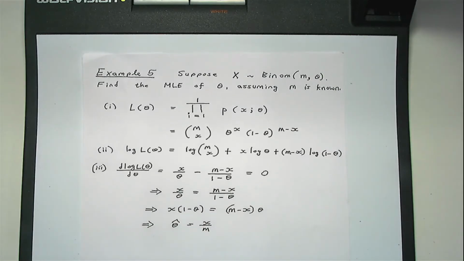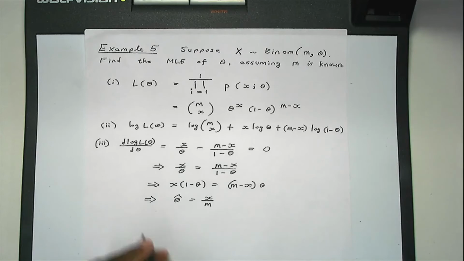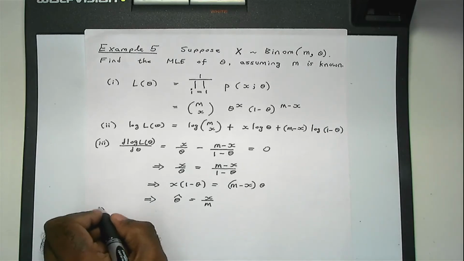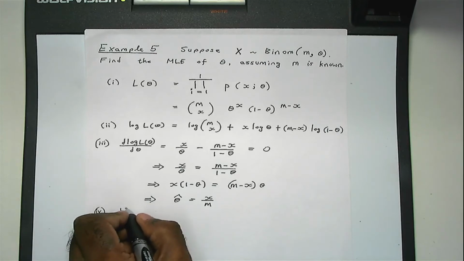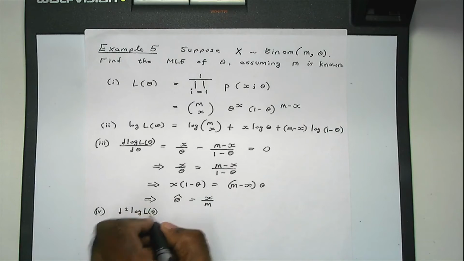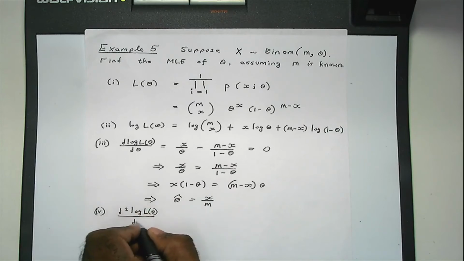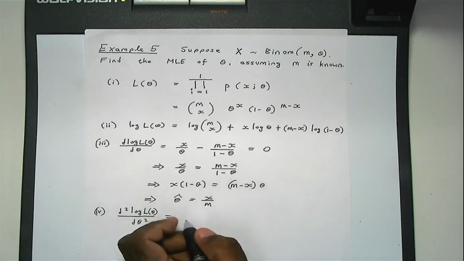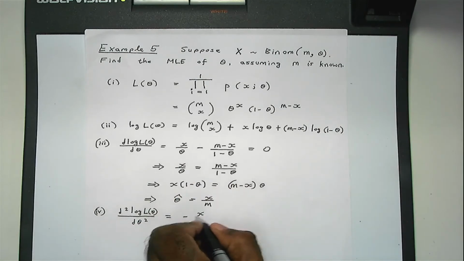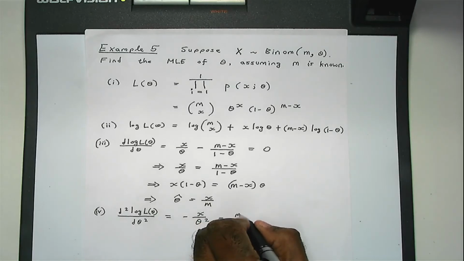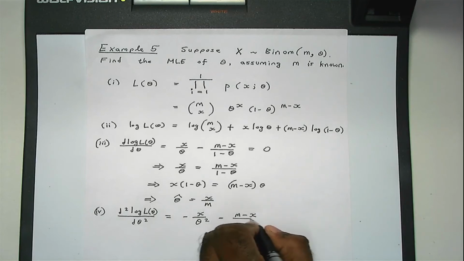And step number 4 is to take the second order derivative. So it's the first order derivative of this one. So it's going to be minus x over theta squared minus m minus x over 1 minus theta squared.